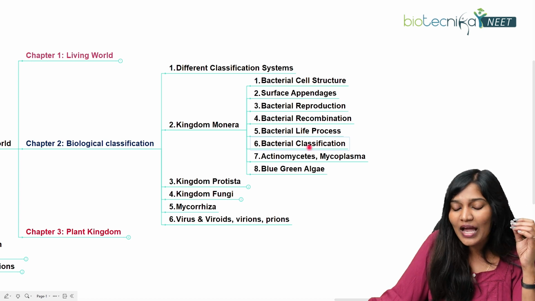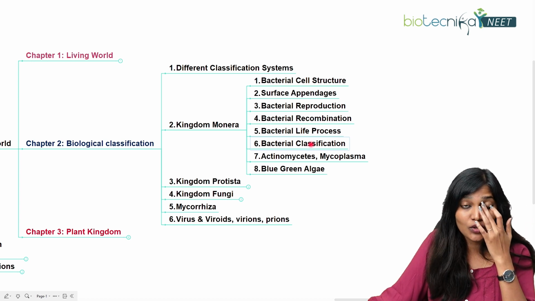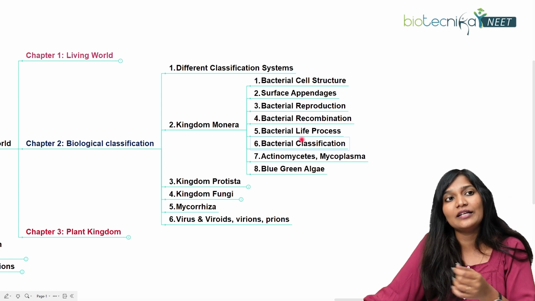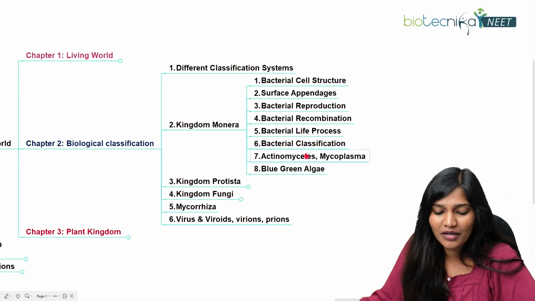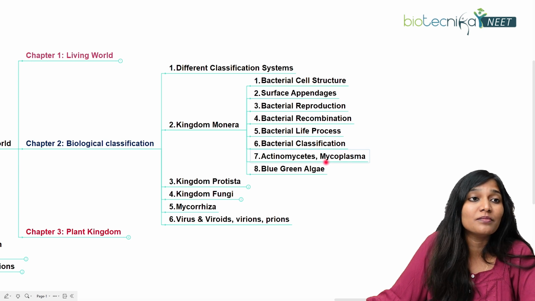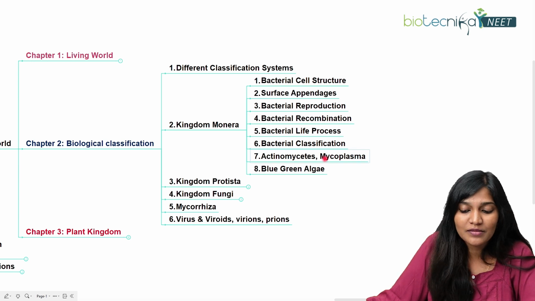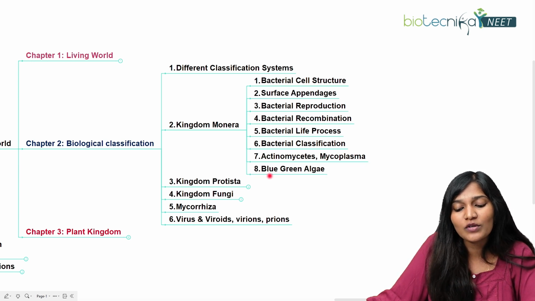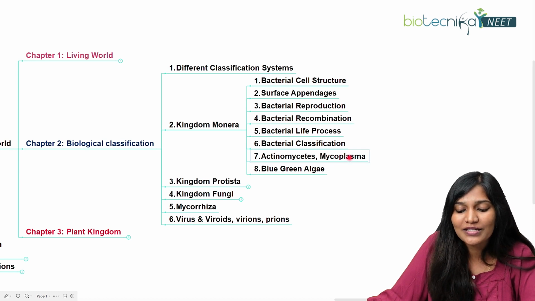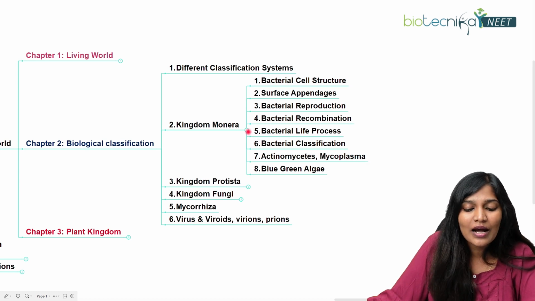There are also other bacteria based on the concentration of salt where they are present, archaebacteria, everything comes under this, and actinomycetes, and of course mycoplasma. You have to study mycoplasma. You can expect questions in this, and of course cyanobacteria. So bacteria, cyanobacteria and mycoplasma you have to study under kingdom Monera.